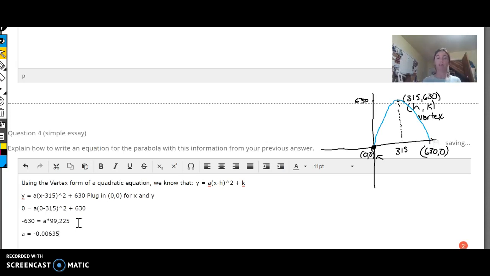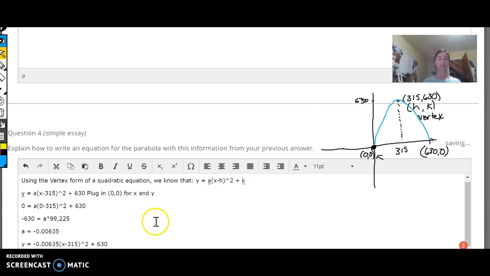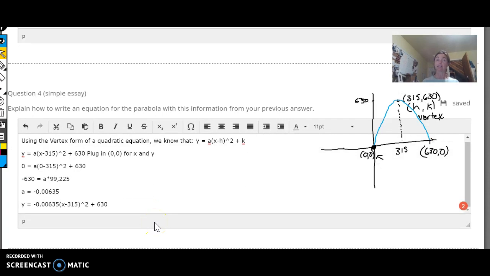Okay? So now I have all the values. I have a, h, and k that I can plug in. So y equals that negative 0.00635 times x minus 315 squared plus 630. And that is the equation for this parabola.